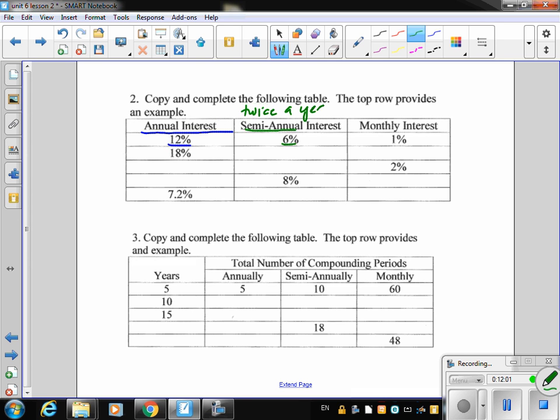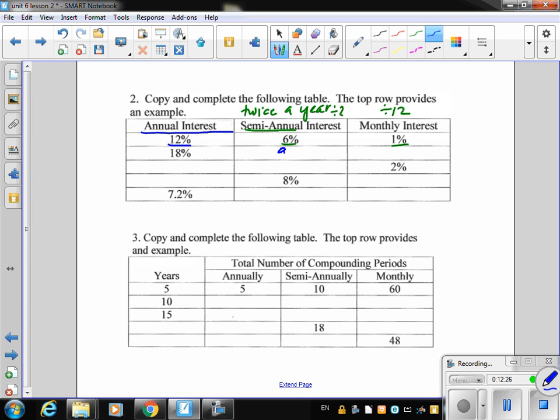So we're going to cut that interest rate in half. It kind of makes sense. You do 6% twice a year instead of 12% once a year. If it was monthly, we would divide by 12 and get our monthly rate. So we're going to divide by 2, semi-annual. If you have 18%, how much would that be twice a year?